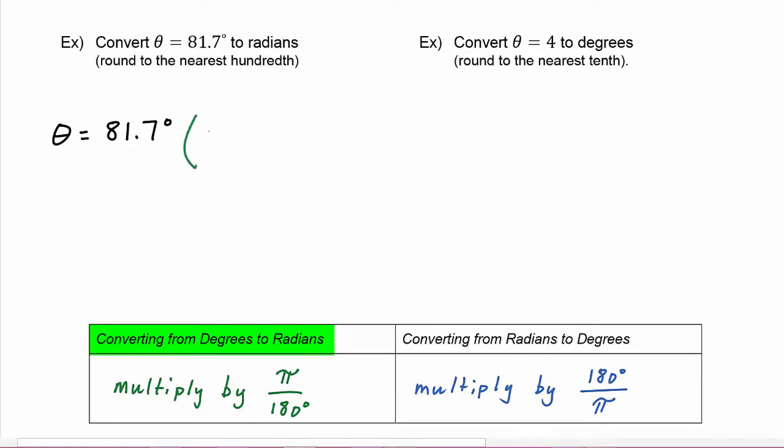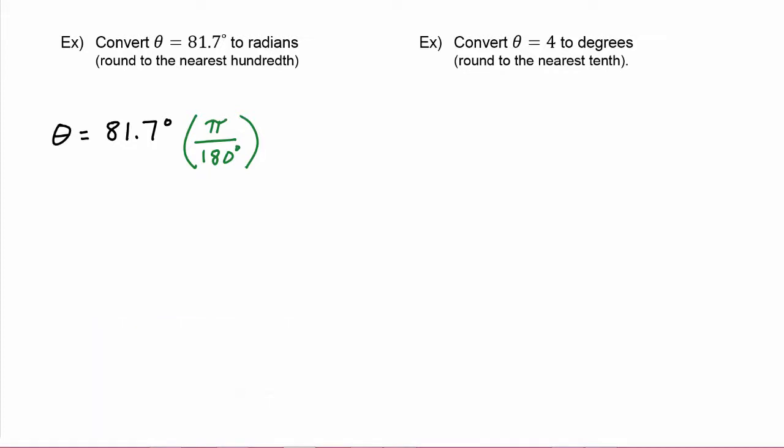So we're going to need to multiply by our conversion factor of pi over 180 degrees. This is not an easily reducible fraction, and in fact the instructions asked us to round to the nearest hundredth, so we're going to pick up our calculators to find out what theta is equal to.